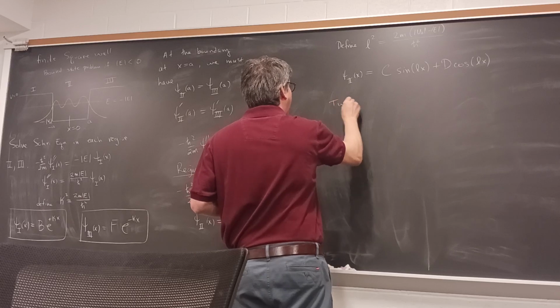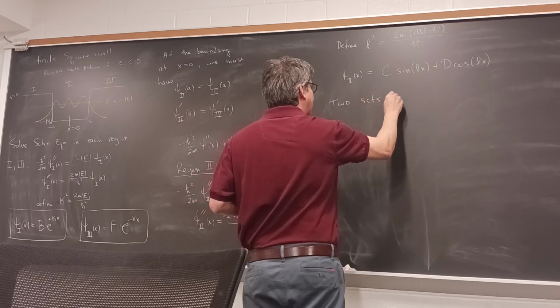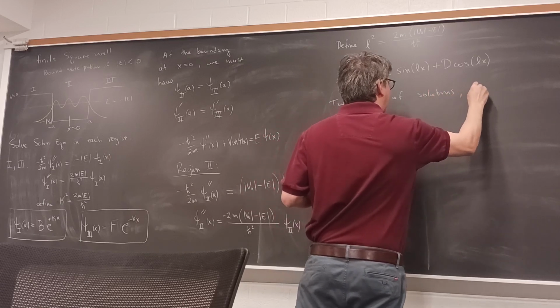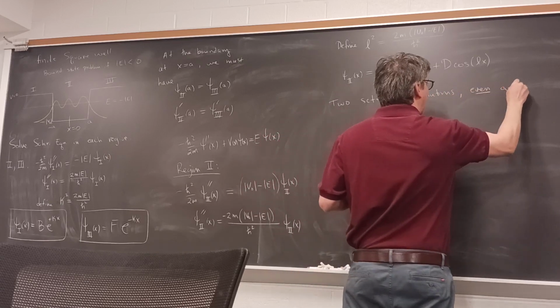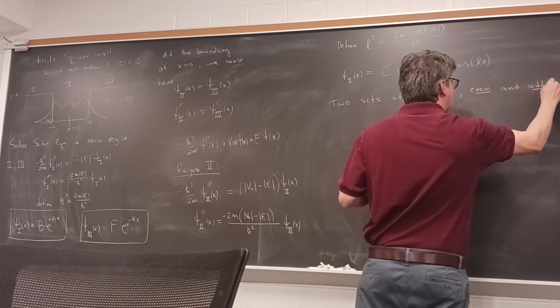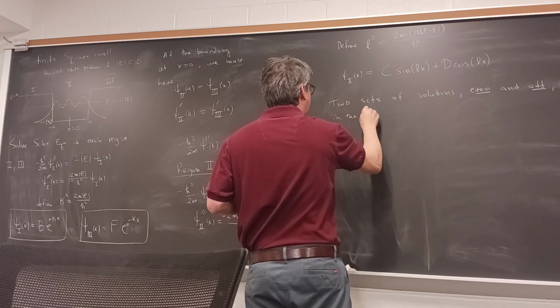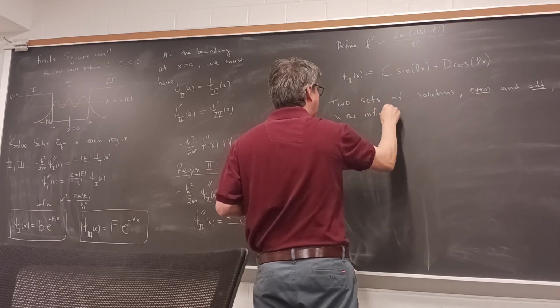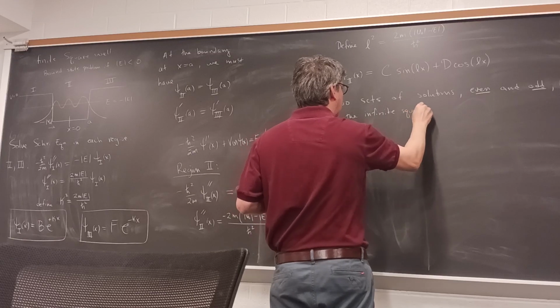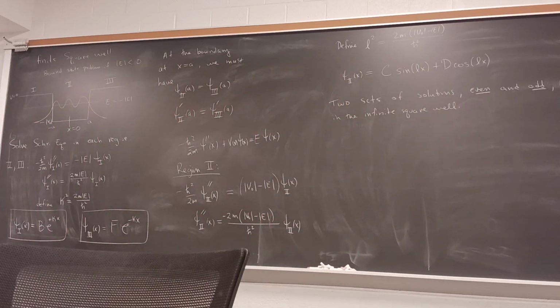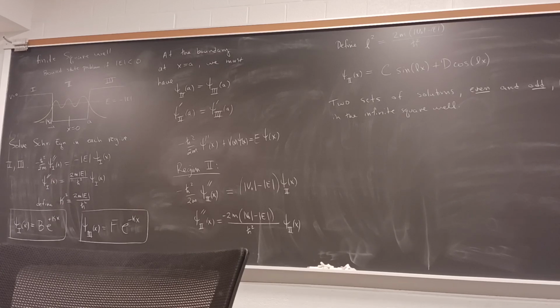Okay, so there are two sets of solutions here, even and odd, just like in the infinite square well. But for the moment, let's just look at the even solutions.